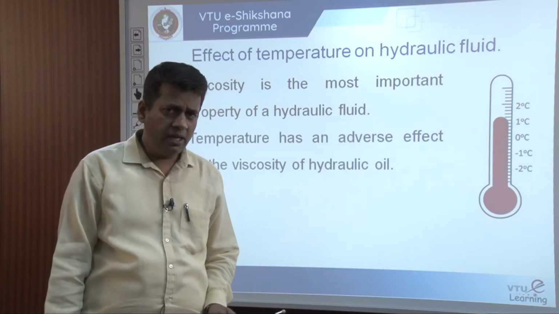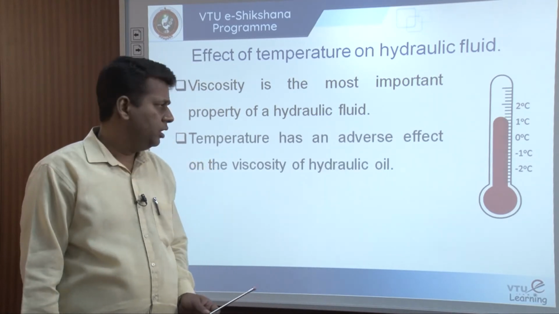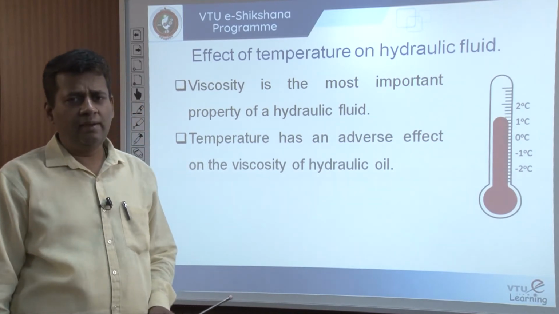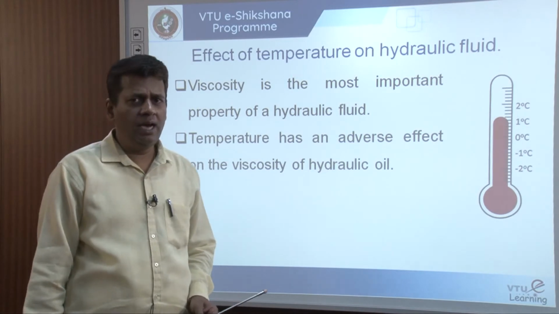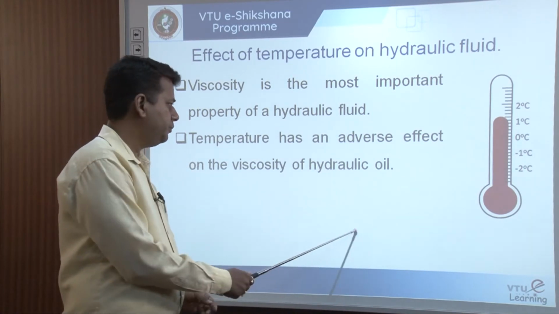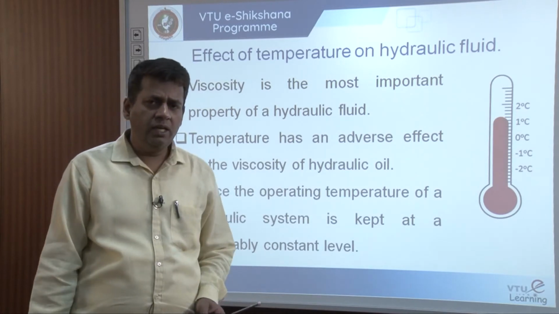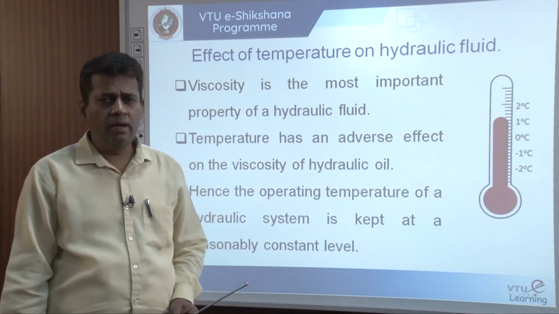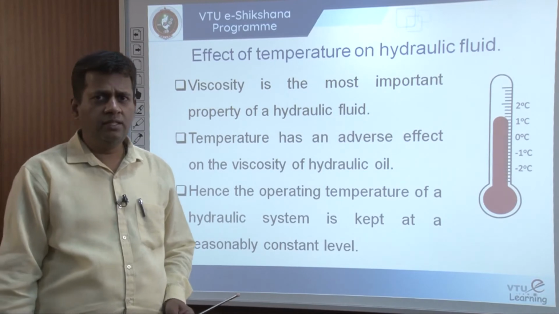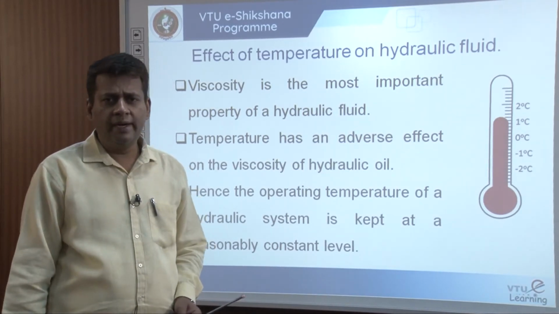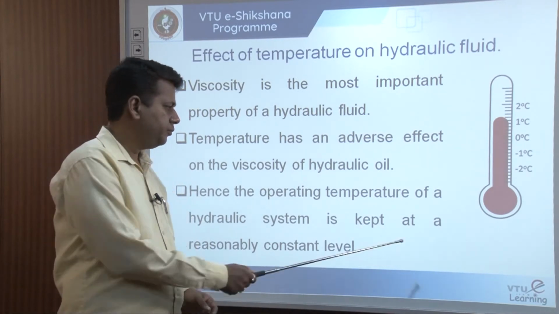Sometimes temperature has an adverse effect on the viscosity of the hydraulic oil, as we know that the temperature and the viscosity of the oil are inversely proportional. Hence, the operating temperature of the hydraulic system should be chosen in such a way that it produces constant viscosity throughout its working range.